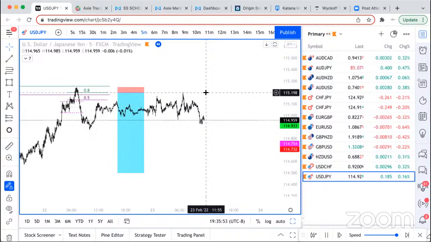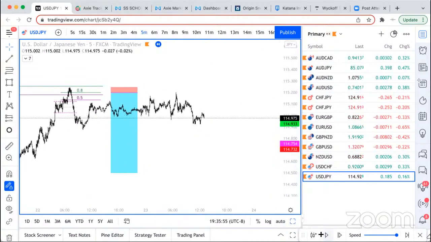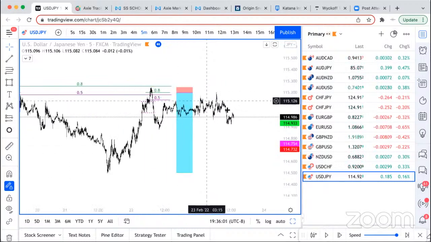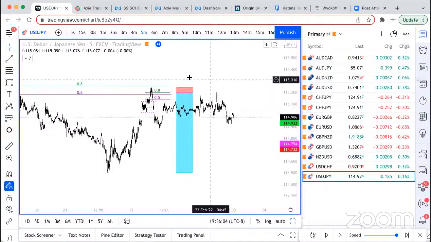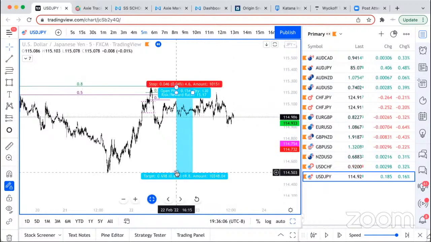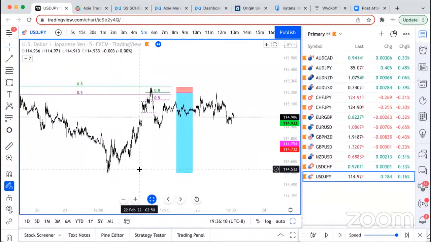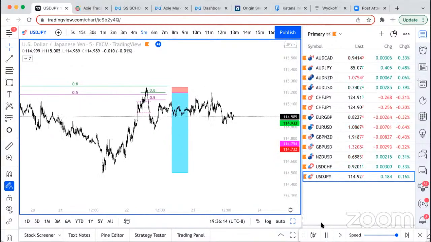Just barely 80%. Yep, so 80% was filled. At this point, we are finally in our hedge sell. So our first target is obviously going to be this low, and then we can look for some reentries.